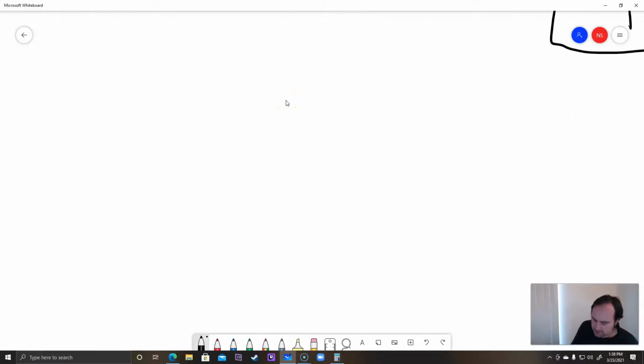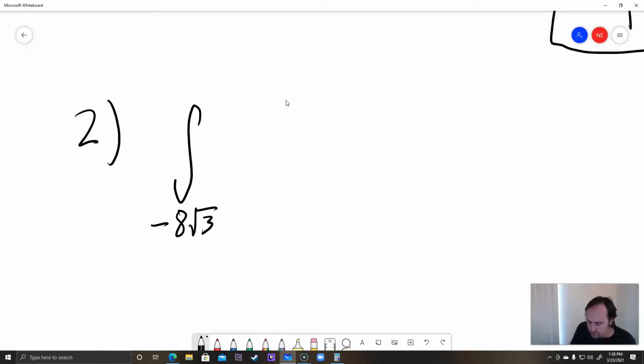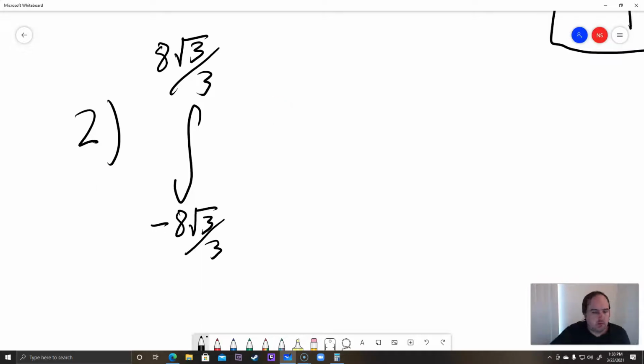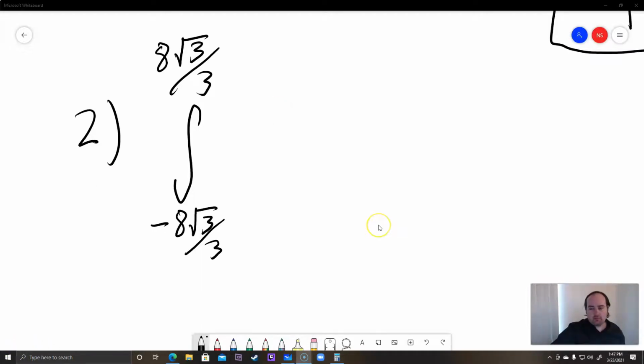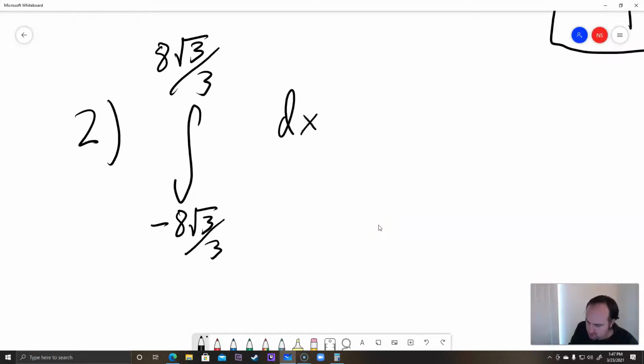Okay, so for example number 2, we're going to be doing the integral from negative 8 root 3 over 3 to positive 8 root 3 over 3, and for our actual integrand, what we have here is dx over 64 plus x squared.